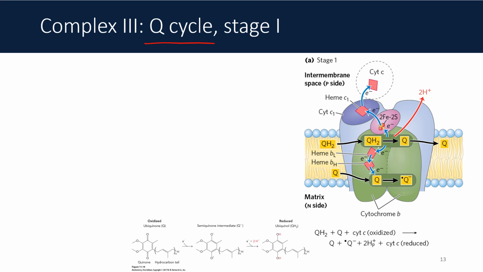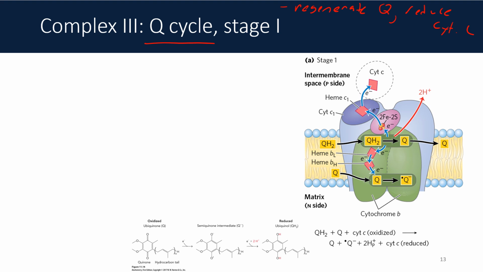The goal of the Q cycle is to regenerate Q from all this QH2 that we made, so we can recycle it back to complexes 1 and 2, so we can keep this electron traffic going. While we reoxidize QH2 back to Q, we want to reduce cytochrome C, which is the next electron carrier.